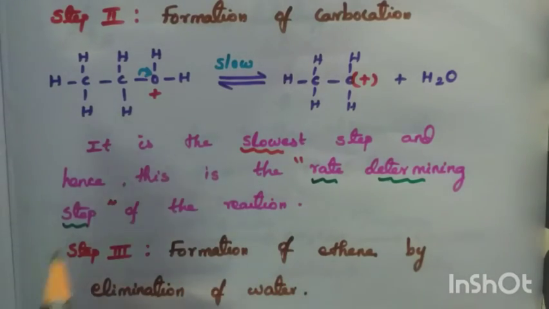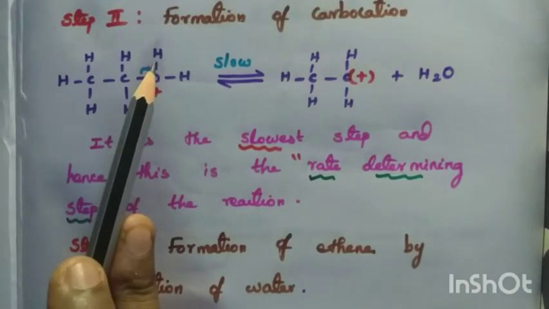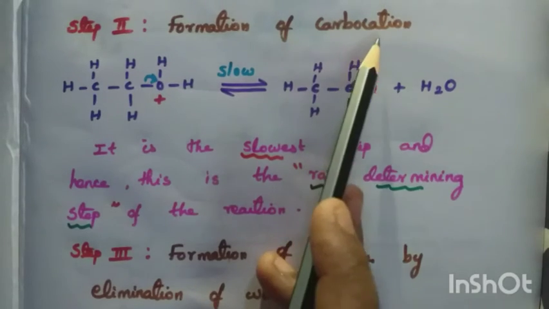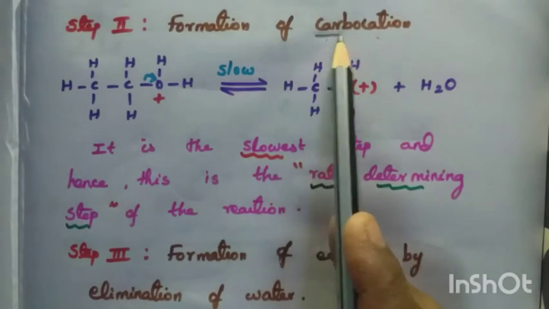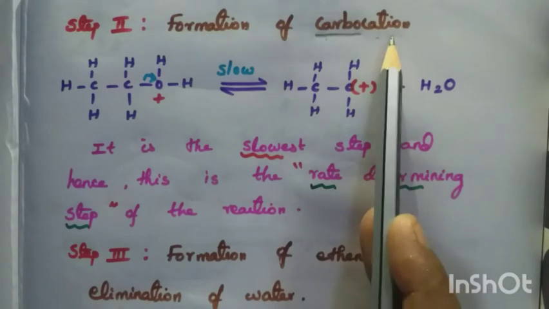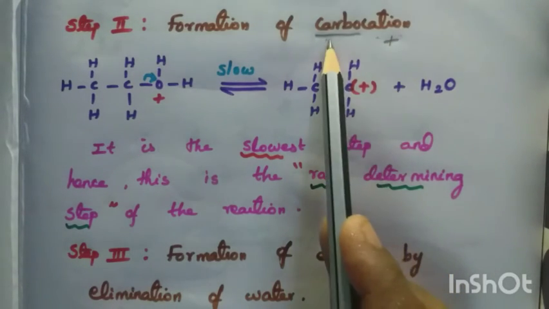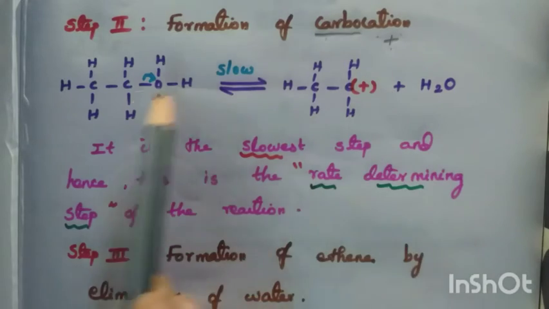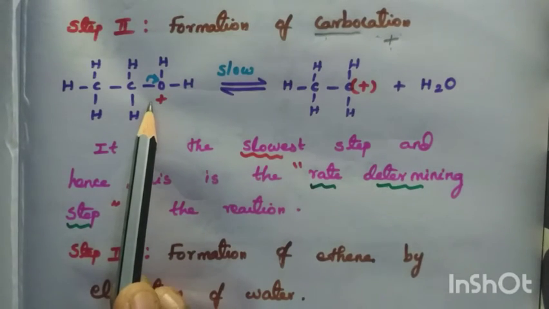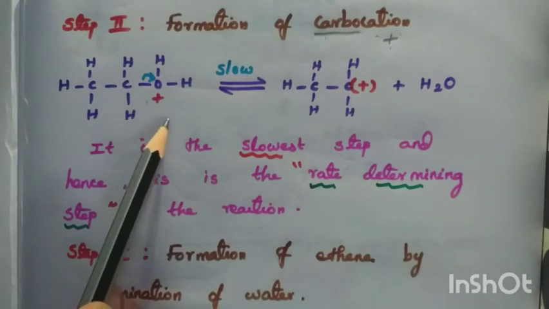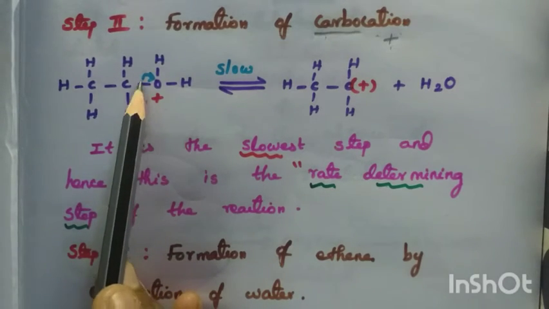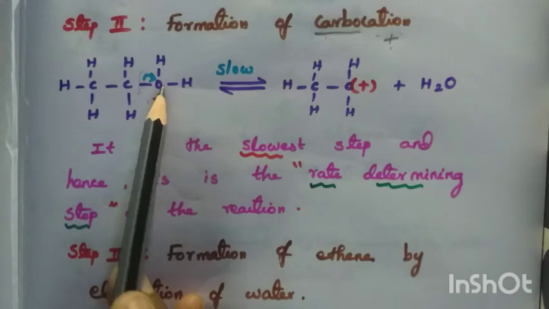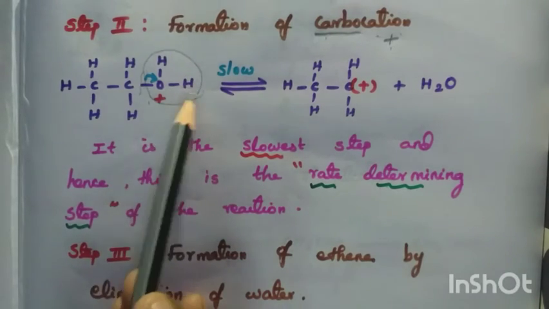And the second step is formation of carbocation. That means carbon carries which sign? Plus sign. Cation means plus. So now we get a protonated alcohol. In this protonated alcohol, what happens? The bond breaks here. So this bond shifts to oxygen and it goes out as water.